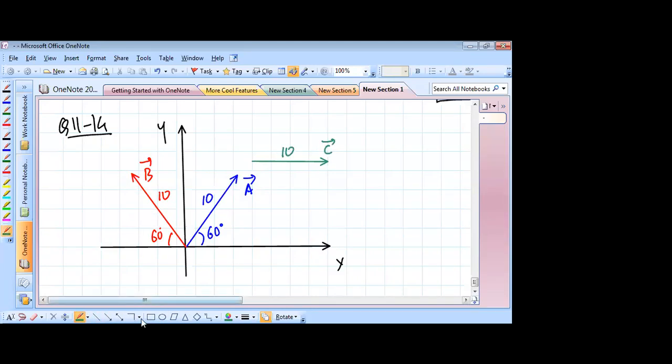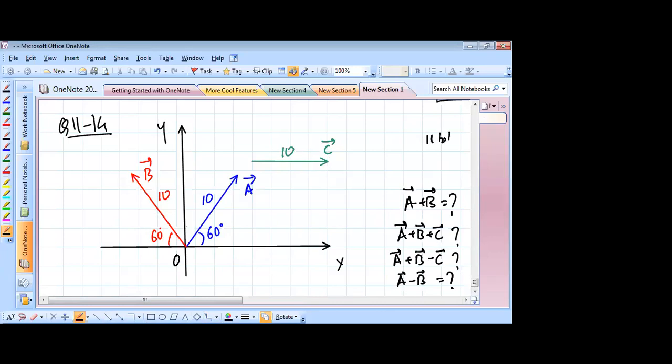Okay. And then as part of the questions, various operations are asked for. So you have to do operations like what is A plus B, then what is A plus B plus C, or what is A plus B minus C, or what is A minus B. These kind of things are all the options in questions 11 to 14.